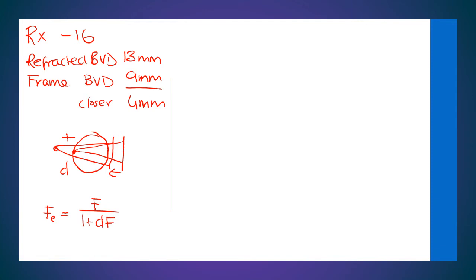So let's start off by just plugging in all the information that we have. So we've got minus 16 over 1 plus, we're going to use D as a plus value. And D usually is this difference, but in meters. So basically we would do 0.004 times F again, which is minus 16. So just simplify everything in the brackets first.